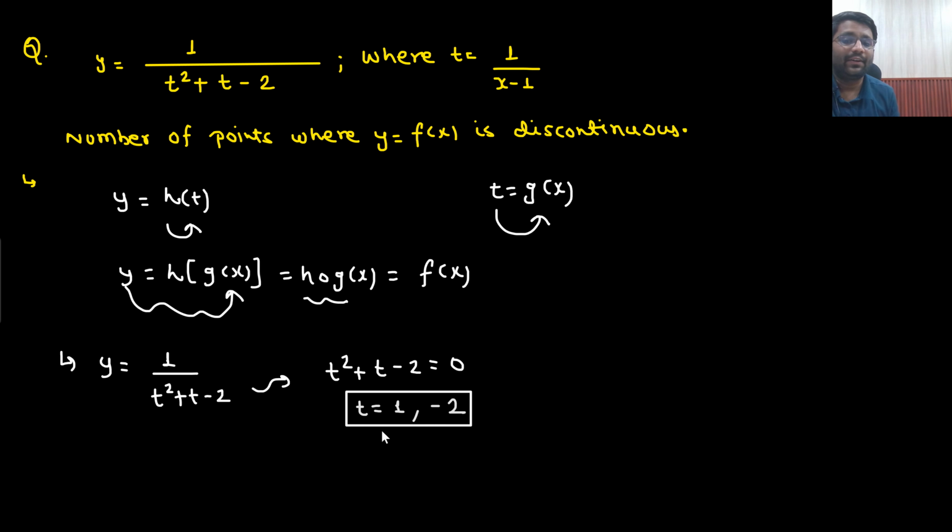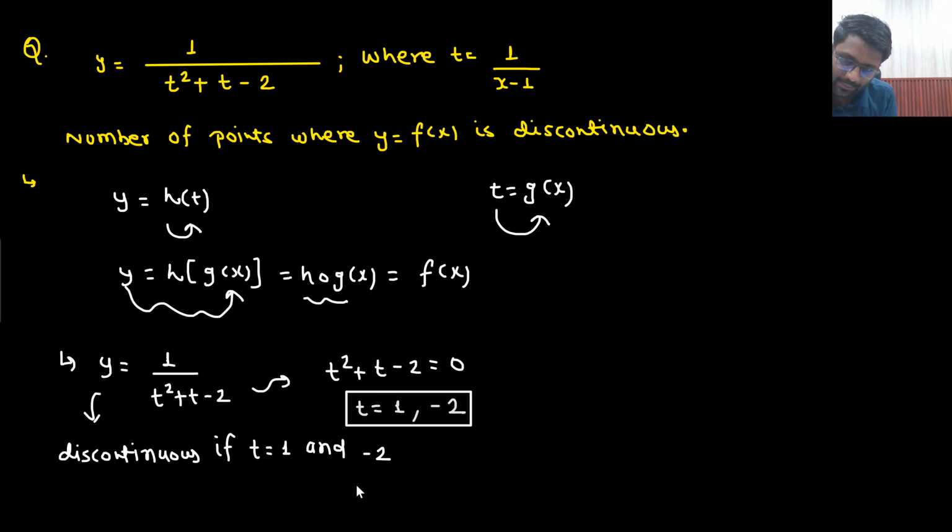So he will say that I will not accept t being 1 and minus 2. Why is he saying that? Why will I be discontinuous if t equals 1 and minus 2? Now if t equals 1, t equals x minus 1.